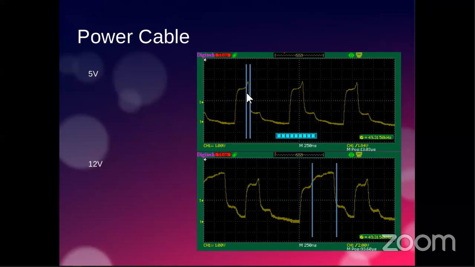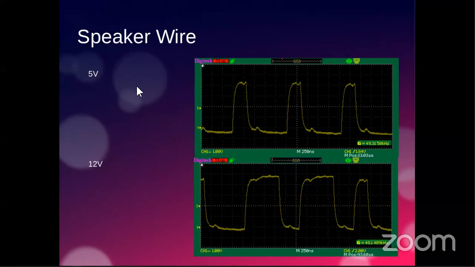So you can see that there's a certain amount of risk across the wire, and this is on the wire with the least resistance. It's going to change as we move. So this is the speaker wire. Now the speaker wire, interestingly, produces a much better signal. I never truly got to why that was.